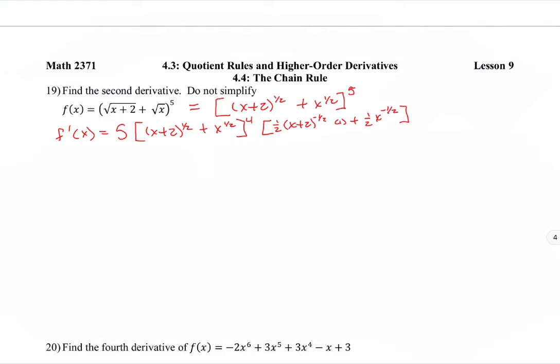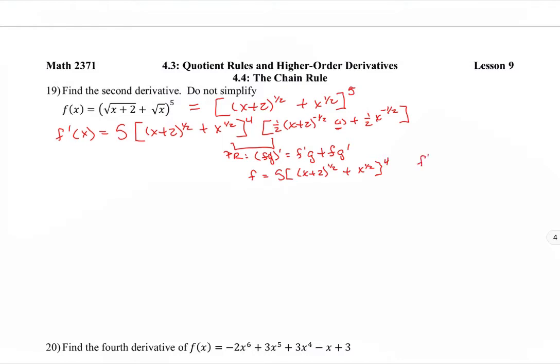All right? So that's the first derivative. Now, I don't have to write this one, and I won't when I do the next part. So now, to take this derivative, I have to use the product rule. So that's f'g plus fg', where f equals 5 times (x plus 2 to the 1/2 plus x to the 1/2) all to the 4th power.